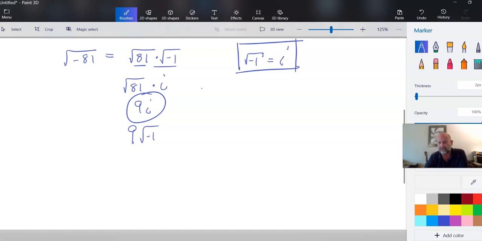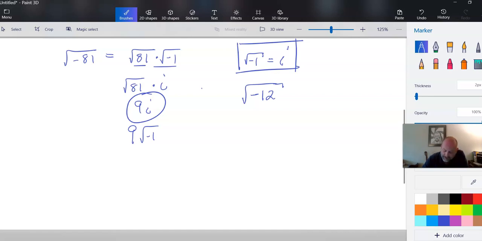Now, you're probably asking yourself, what do you do with things that aren't perfect squares? Well, we have an answer to that. So if I have something that looks like, let's say, the square root of negative 12, right? You can shorten all this stuff I just did to popping its i out.